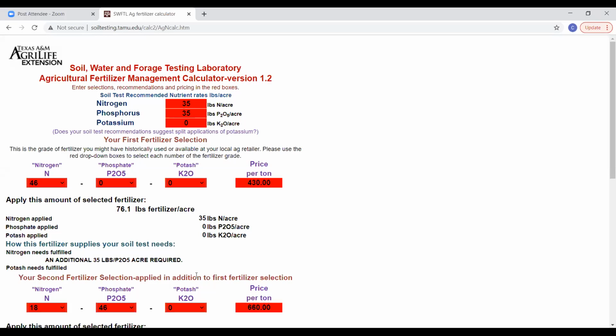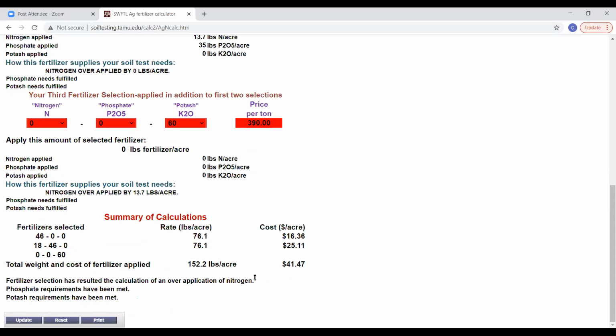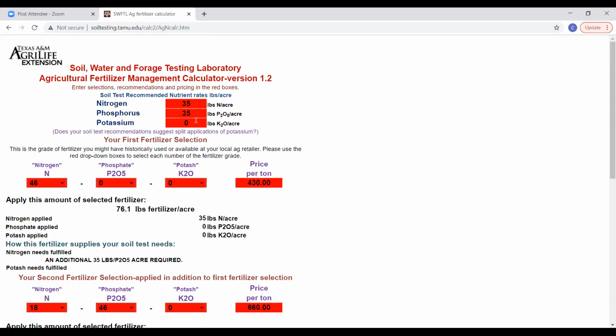So this particular blend from the fertilizer dealer is going to be 23-23-0 applied at a rate of 152 pounds per acre. And at that rate, we're going to get an actual 35 pounds of nitrogen and 35 pounds of phosphate to meet the needs of grazing or hay for blue stem on that particular soil for that particular person. I don't know if they're on the webinar today, but there's the calculation for that property right there.